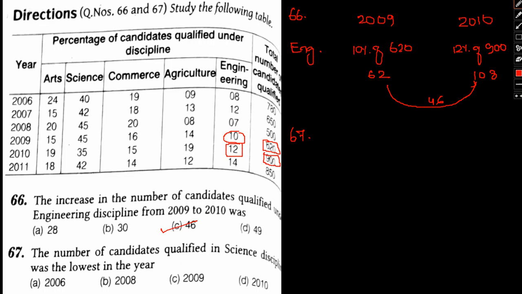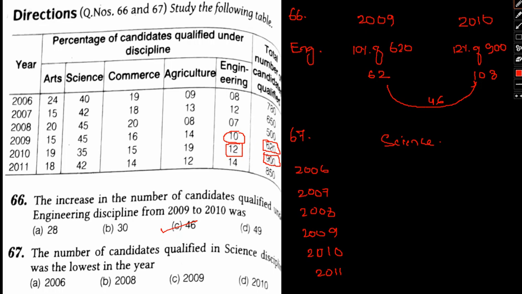The number of candidates qualified in science discipline was the lowest in. So science discipline. We'll take up all the years 2006, 2007, 2008, 2009, 2010 and 2011. Ideally we could have solved with only 4 years, but let's just do it for all the years.